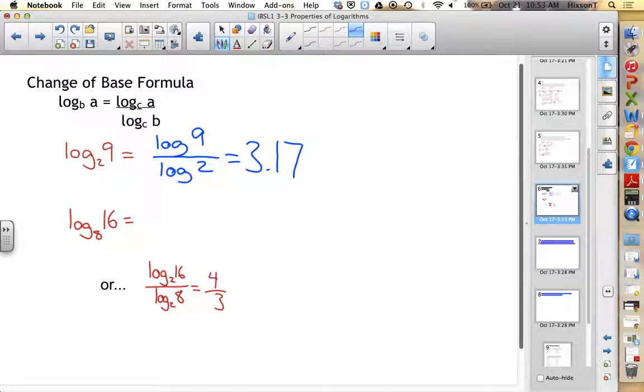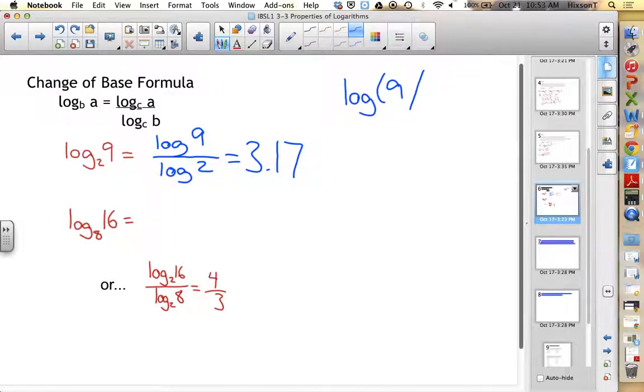Do be careful, and this is where those of you without your calculators out, you need to get them out. Make sure you're punching them in carefully. When you punch in log of 9, your calculator does this.